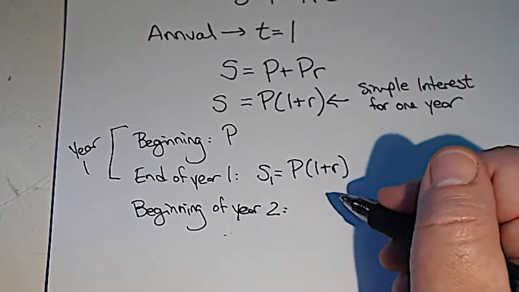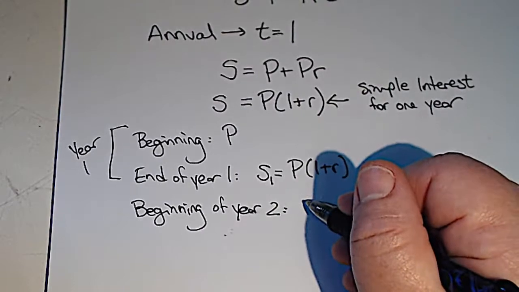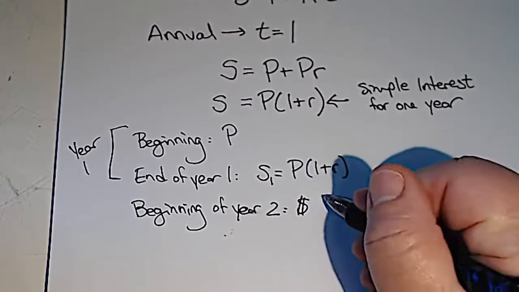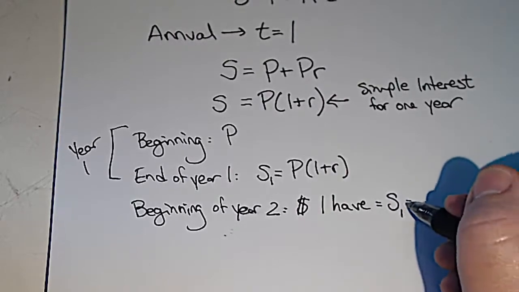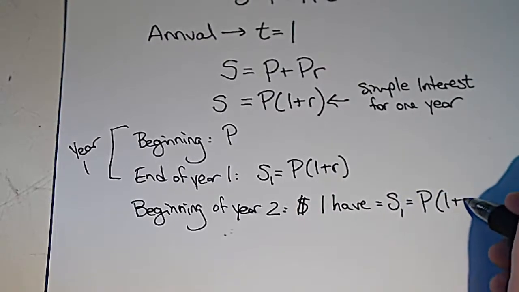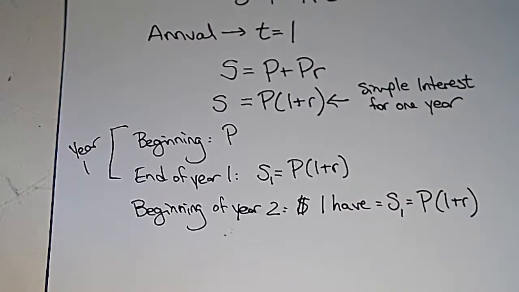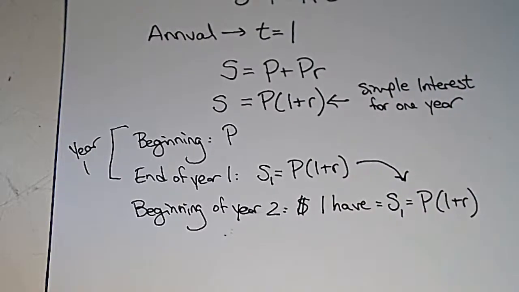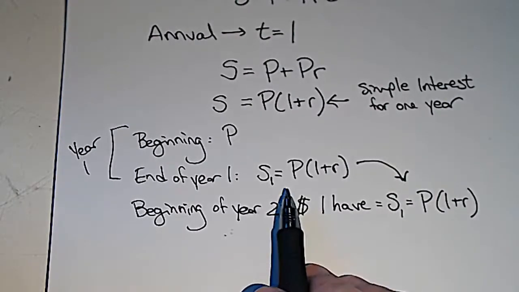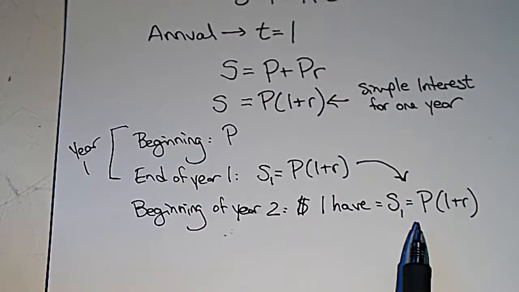Now, my current principal, the money I have, is S sub 1, which is P times 1 plus R. Because at the end of the year, that's how much I had. So it just kind of rolls over. In fact, the end of the first year and the beginning of the second year basically happen at the same time or 1 second apart, depending on your perspective on these things. So what I have at the end is exactly what I have at the beginning.